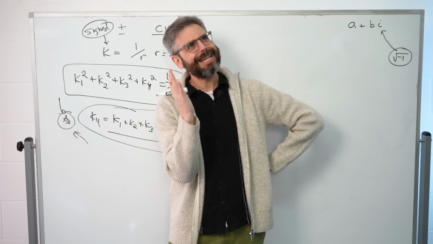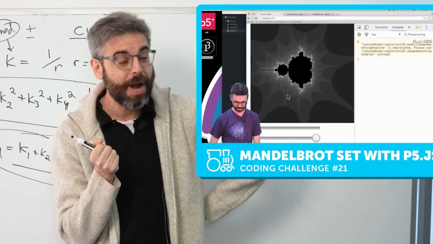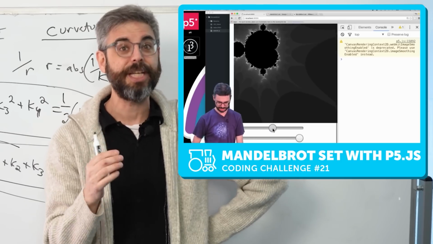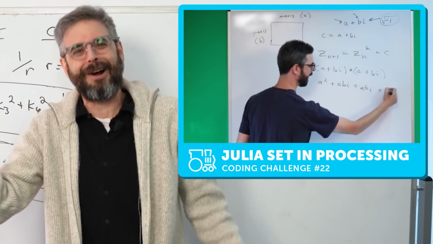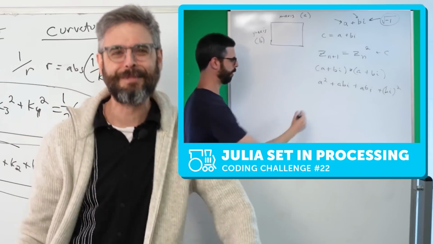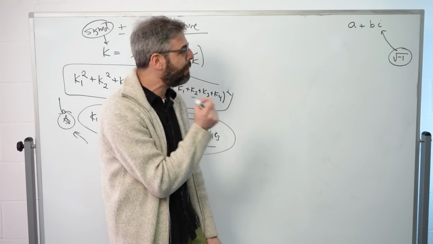Now, the last time I probably referenced complex numbers was maybe in my Mandelbrot set coding challenge, or perhaps the Julia set coding challenge. And I remember how I was really in love with talking about imaginary numbers and playing around with the idea of them being imaginary. But it's a little bit of a misnomer.